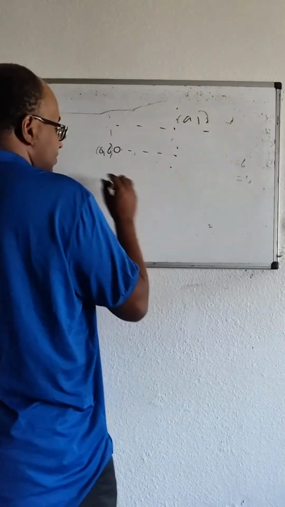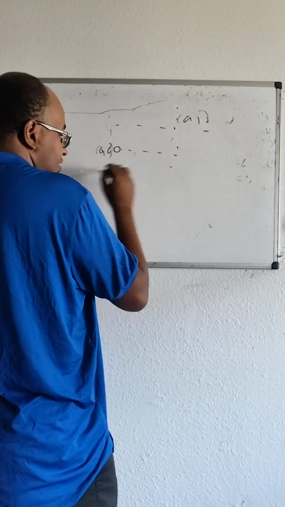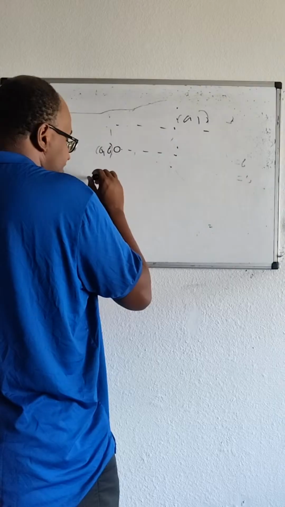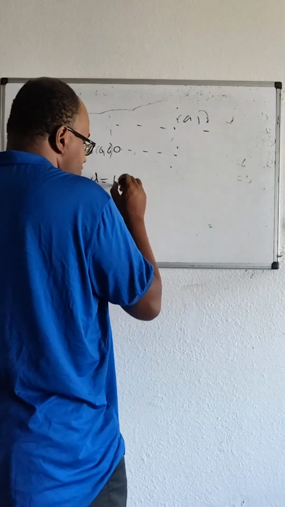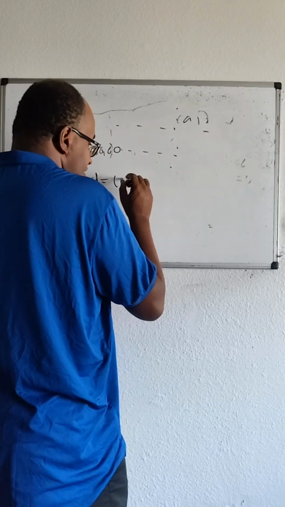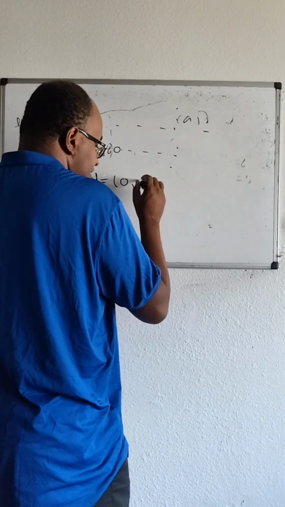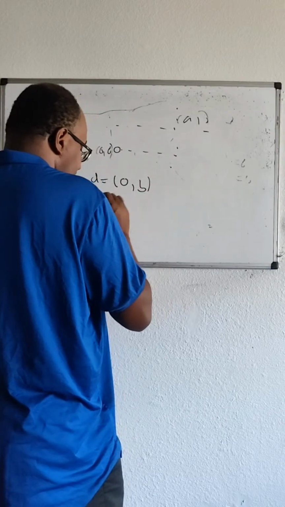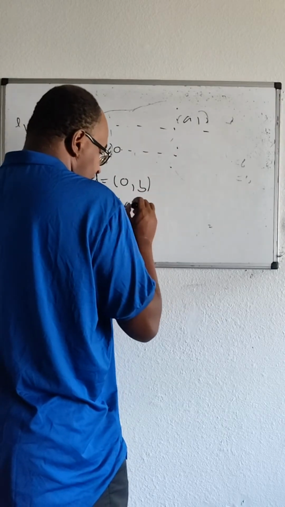Again, now we're going to get their distances. So we say D equals 0B, A0, right?